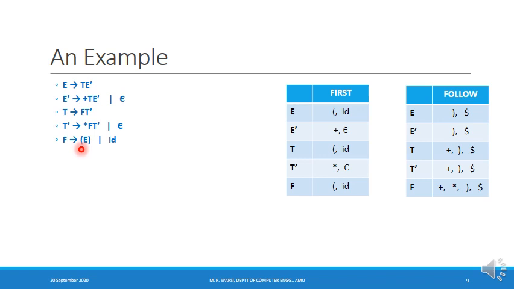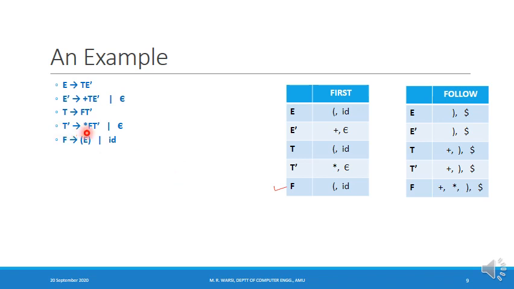The right hand side is beginning with the terminal symbol left parenthesis. And based on this production, I can say that first of capital F will contain identifier. So first of capital F is containing left parenthesis and identifier. Now we take another variable, and the variable that we take now is T dash.